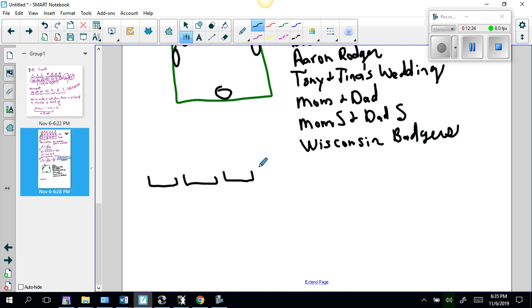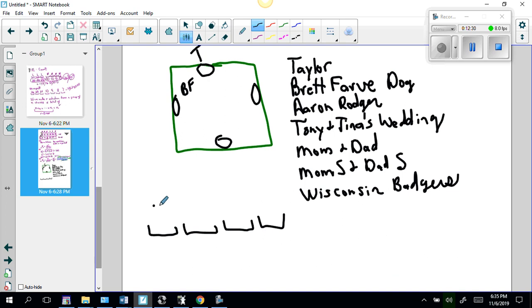I just draw 4 little picture slots, and I ask myself, how many pictures do I have initially? I got 7, so I hang that one up. Then right here, I got 6 left. And then I got 5 left. And then I got 4 left.